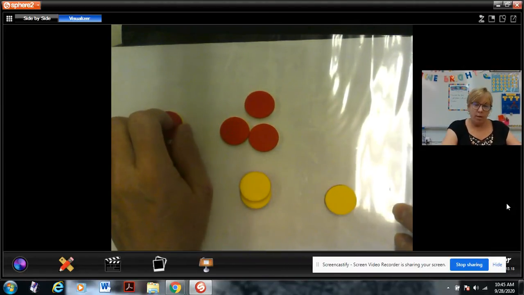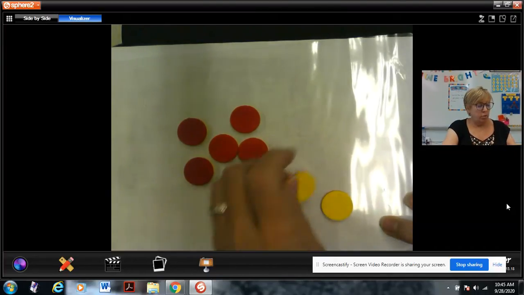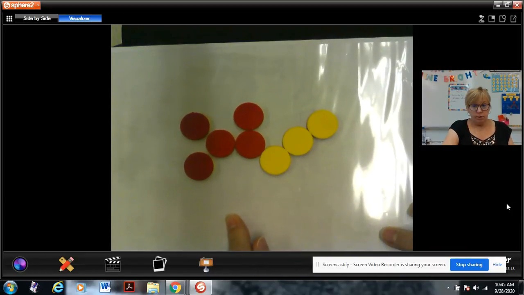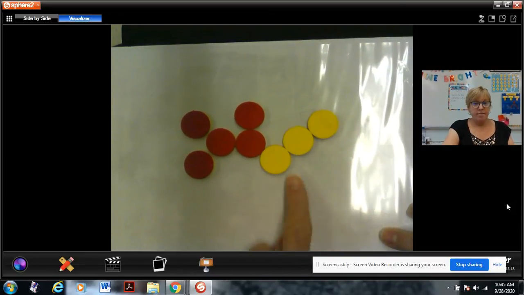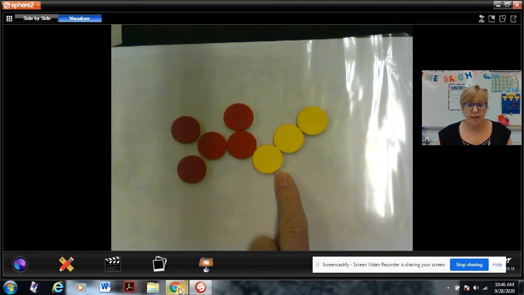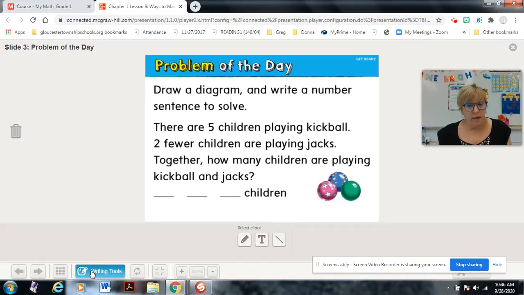But they want to know how many people are playing jacks and kickball all together, or in all. So there are our numbers, okay? There's a 5 and a 3. So we need to remember that when I switch to this screen, okay? All right. So they want us to write a number sentence.